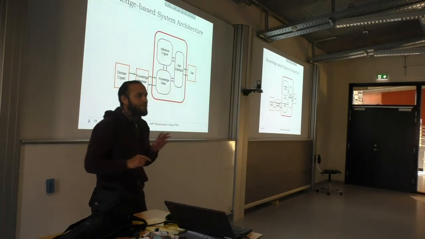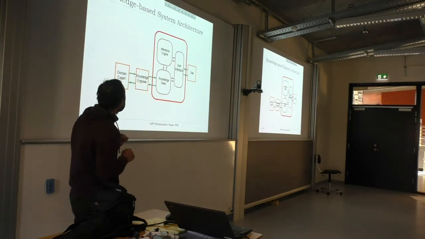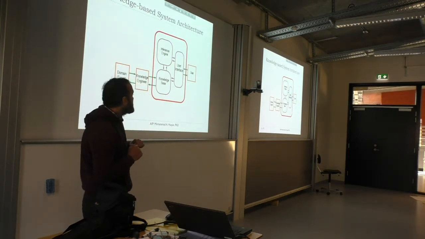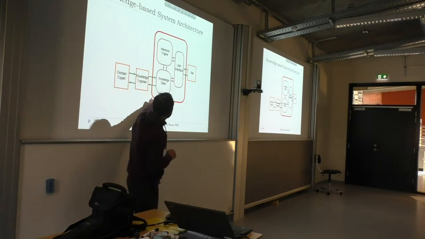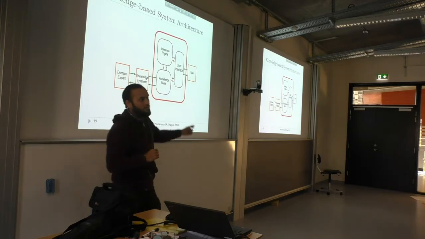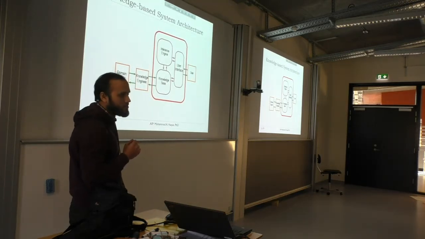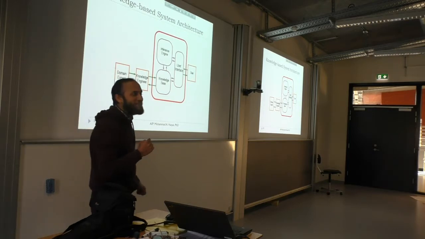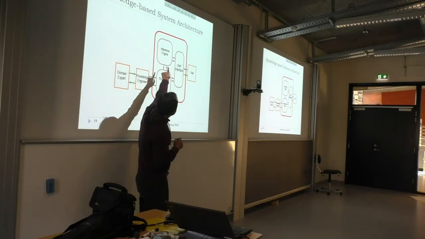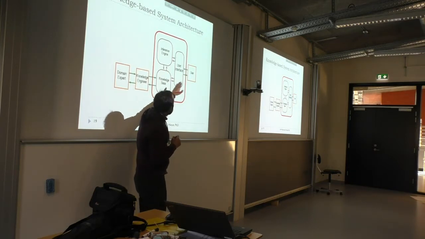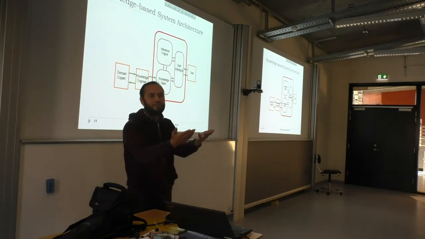As I told you, the memory is actually a kind of knowledge base we are giving. So what does it look like? A knowledge-based system architecture. Here we have the knowledge base, we have the inference engine, and then we have the user interface, so that the controller can give something and take something.